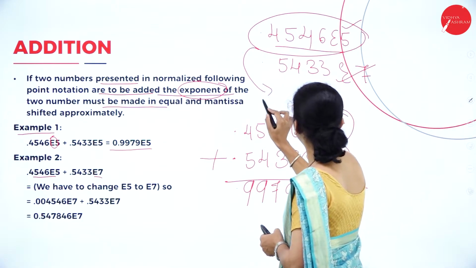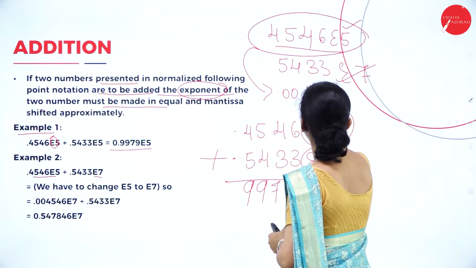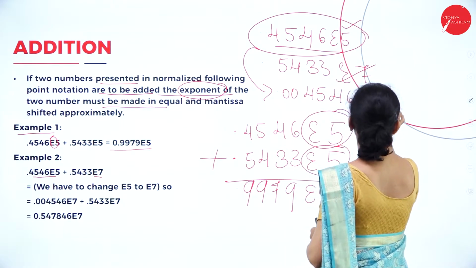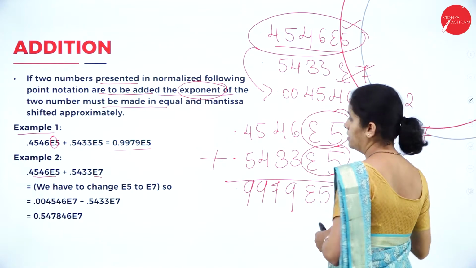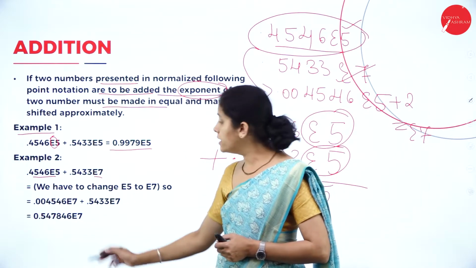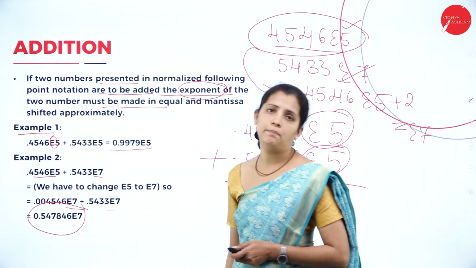So I write 0.004546 E5 plus 2, that is nothing but E7. When the exponents of both numbers are equal, then I'm going to add the numbers.